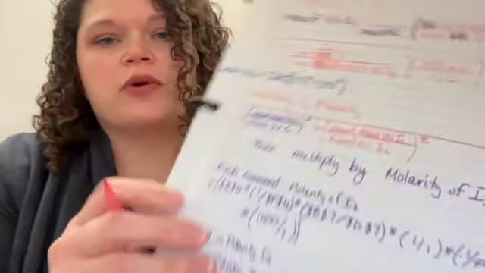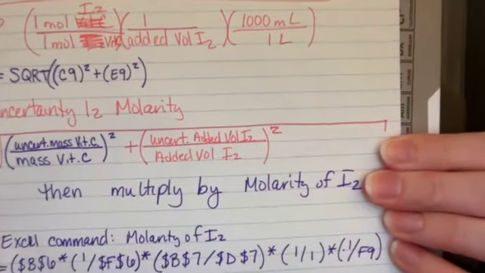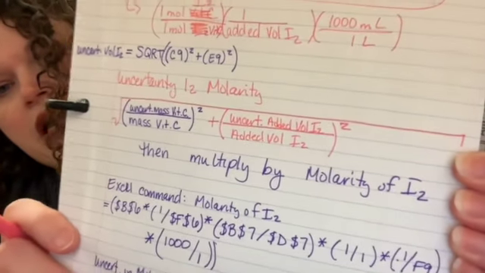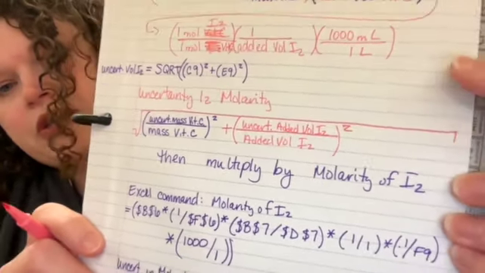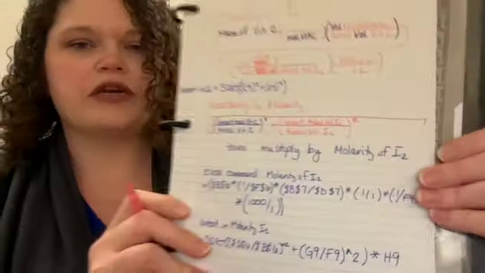And that should also be squared. I must have forgotten to write that in there. You take a square root of that, and then you multiply that by the molarity that you calculated up here to get back to absolute uncertainty.